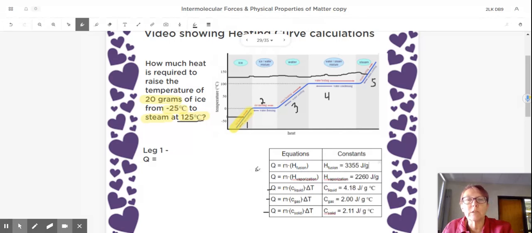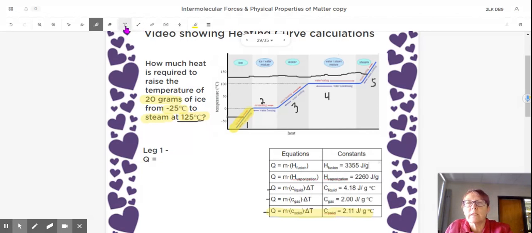Since we're starting with solid ice, we are going to start with this equation: Q equals m times the specific heat of solid ice, times delta T. That tells us our C, the specific heat of the solid, is 2.11 joules per gram degree Celsius.